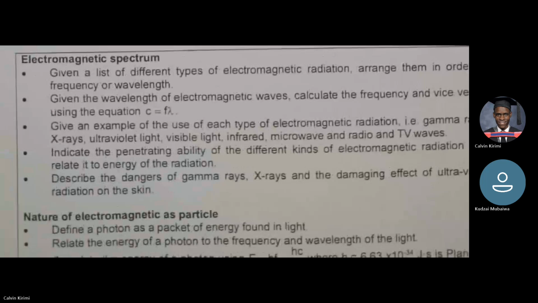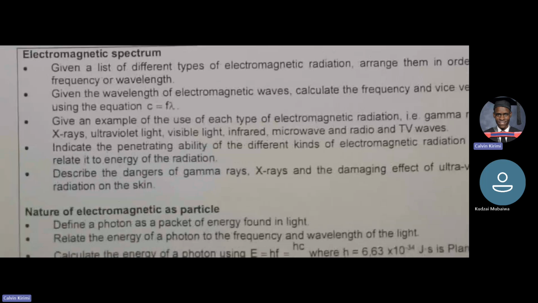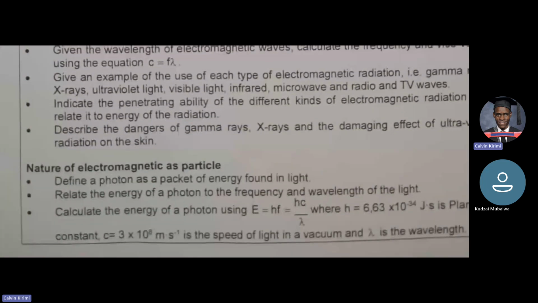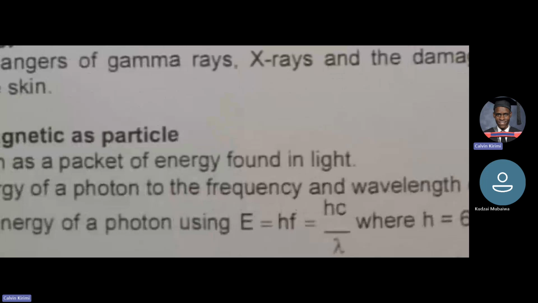They are saying the behavior of electromagnetic radiation, like light, has a dual nature, in such a way that it behaves as a particle and it can behave as a wave. If we want to find the energy in that light, we can use that formula.